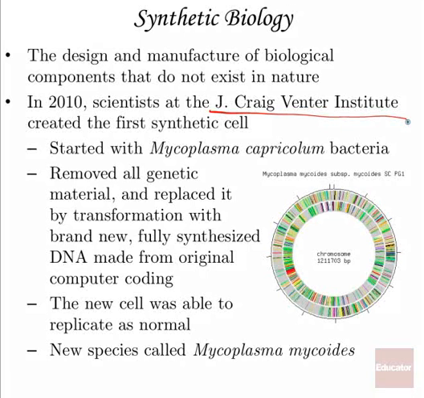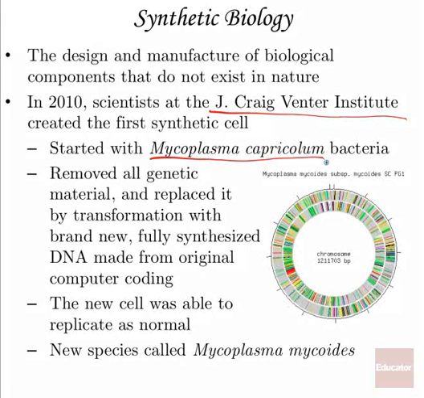Okay, so what they did is they started with a bacteria called Mycoplasma capricolum. And what they did is they took out all of the DNA, any genetic material in there, and replaced it by using a transformation technique with a brand new, fully synthetic DNA made from their typing on a keyboard.